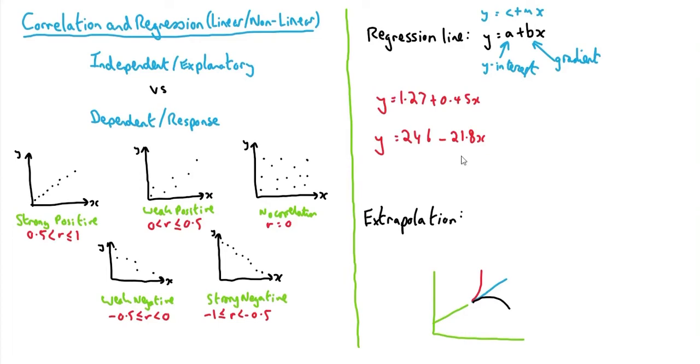So in general, extrapolation is where we use the line to predict values that are outside of that data set. It'd be fine to use the regression line to work out a new data point that's inside the given range. That would be interpolation, so that's perfectly fine. Let's say that you wanted to estimate the value at 5.5 years.